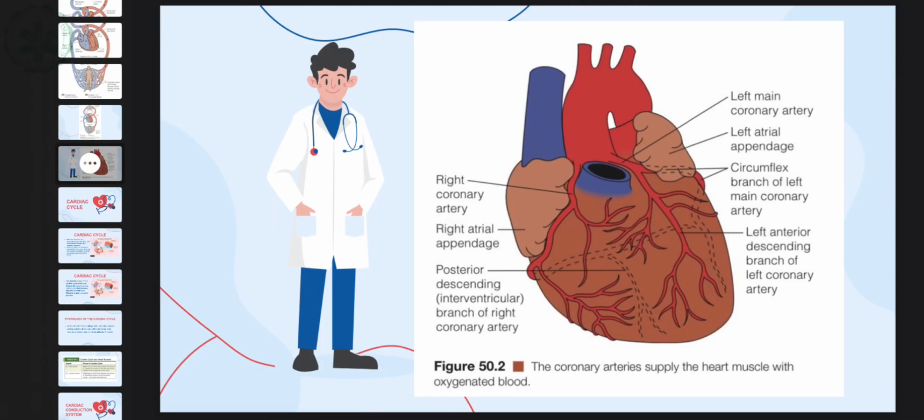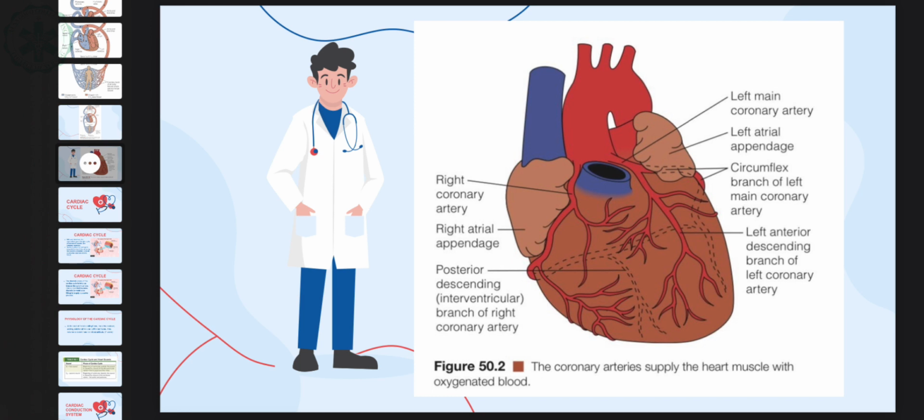In this figure, we have the coronary arteries supplying the heart muscle with oxygenated blood. So we have the right coronary artery, from the aorta to the right coronary artery down to the posterior descending artery.